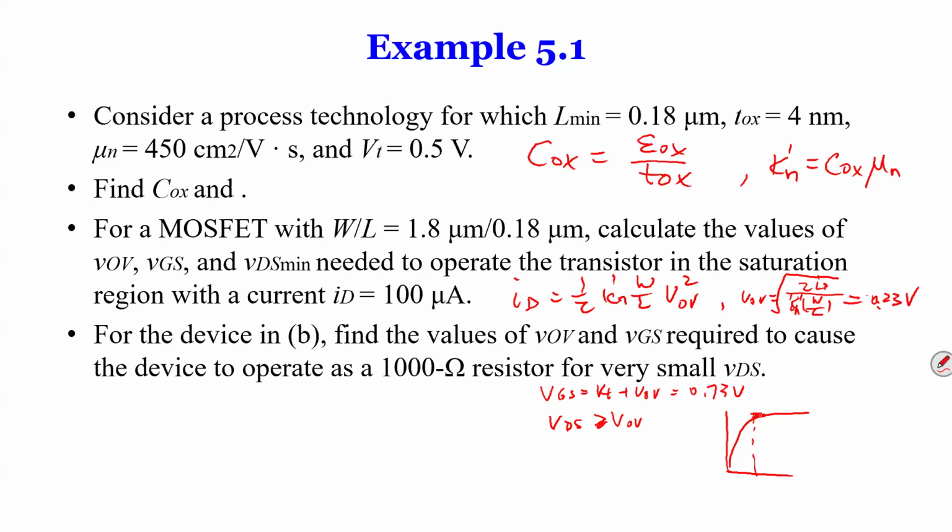And then the next one says, find, for the device in B, the value of VOV and VGS required to cause the device to operate as a 1,000 ohm resistor for very small VDS. Now you understand what it means, right? Very small VDS means VDS is going to be smaller than VOV, so it's going to be in the triode region. If it's in the triode region, we have to copy the equation.